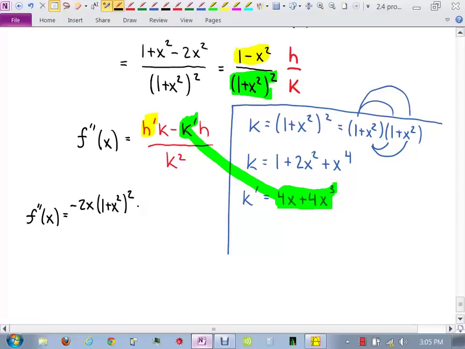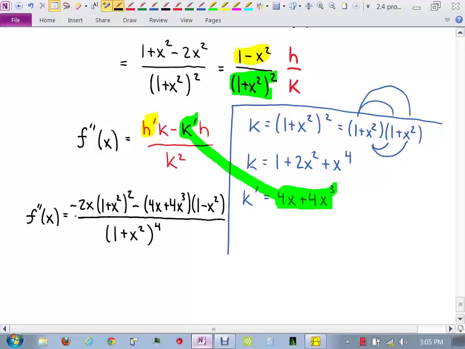Minus k prime, which is 4x plus 4x cubed, times h, which was 1 minus x squared, all over k squared, which is 1 plus x squared squared squared, which is to the fourth.